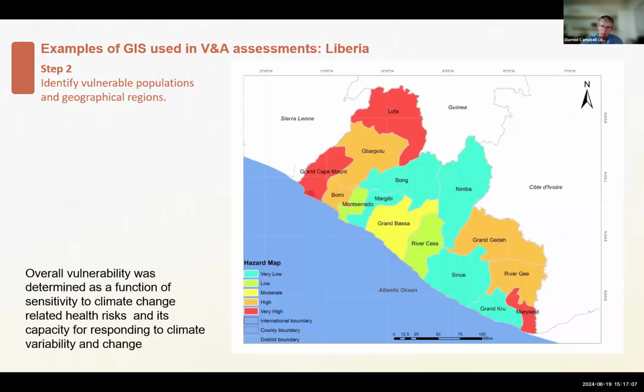And ultimately, what we're trying to do is to increase the capacity of a country, but also particular parts of a country, to protect their population from climate change. So as you can see, we're starting to really get to the goal of the whole exercise, is that we're identifying where we have an opportunity to raise resilience and to raise adaptive capacity to the health impacts of climate change.